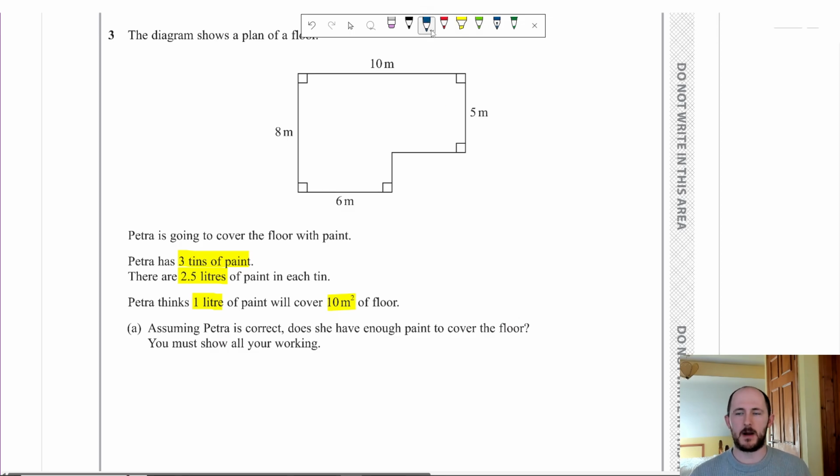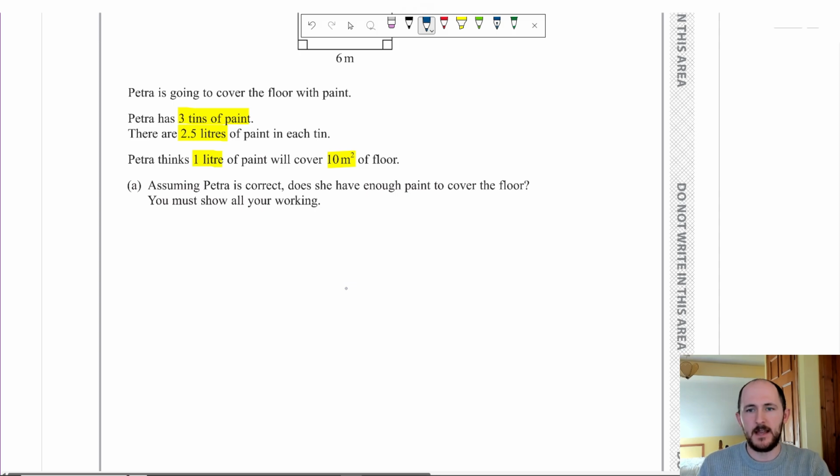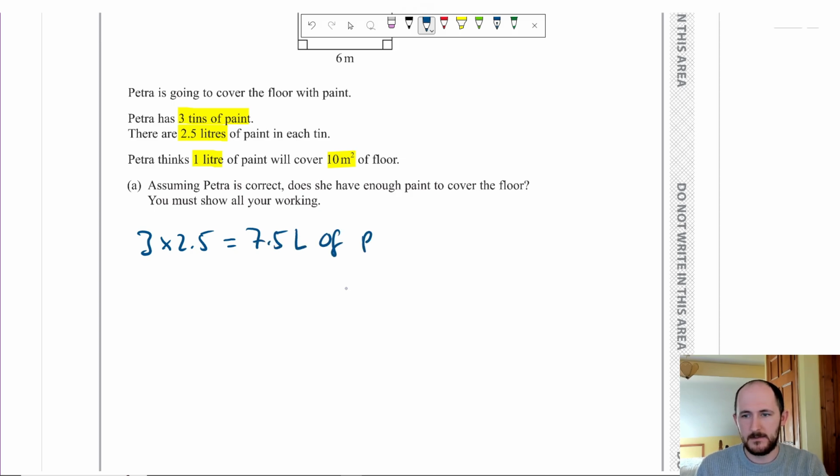So what's the logic behind this question? Well, first of all, we need to work out what area she can cover. So if she has 3 tins of paint, and there are 2.5 litres of paint in each tin, then that means she has 3 times 2.5. She has 7.5 litres of paint. And how much will that cover? Well, 1 litre covers 10 square metres.